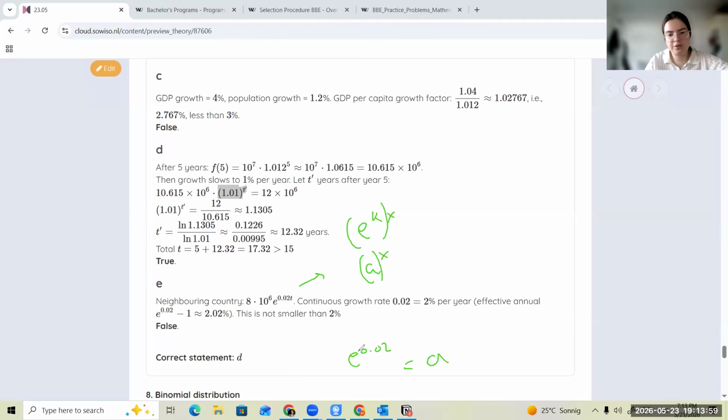I actually calculate this very quickly on the calculator for you to show you. So it is around that in discrete terms.